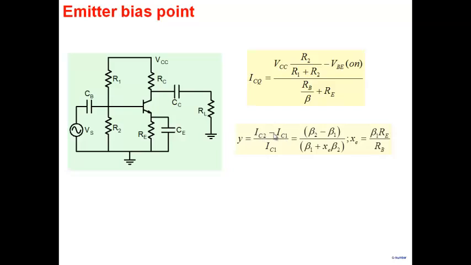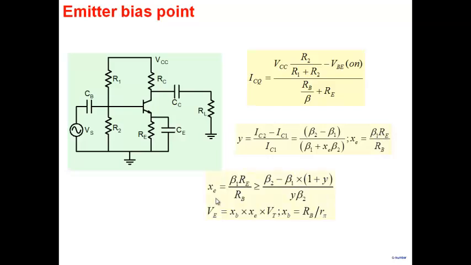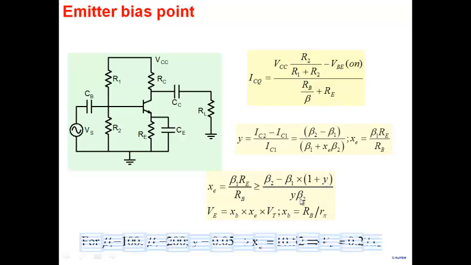So the change in current is denoted as Y, and that can be expressed in terms of this parameter again, beta RE by RB. You can get this parameter in terms of how much change in collector current due to beta you can tolerate. So if you're given, let's say, beta 1 is 100, beta 2 is 200, the percentage change in current that I can tolerate is 5%, 0.05.